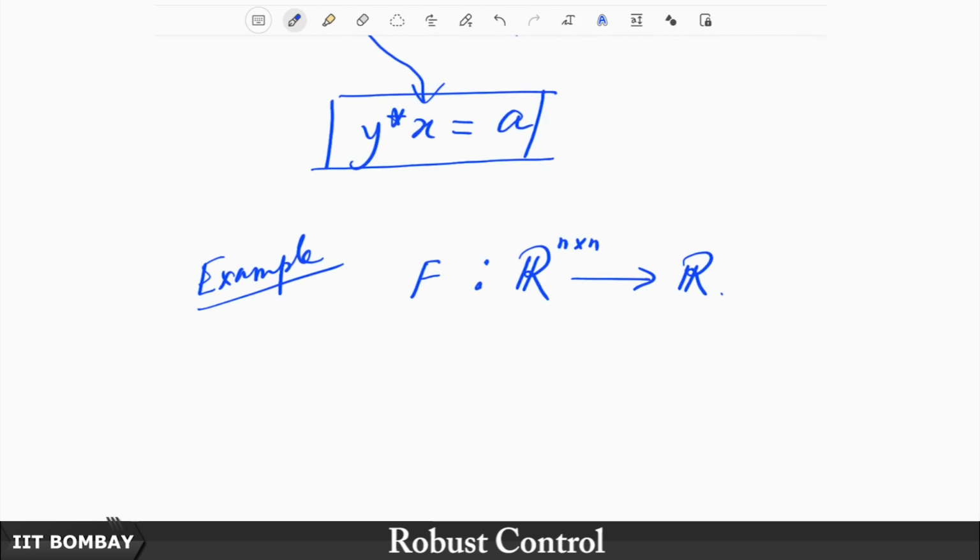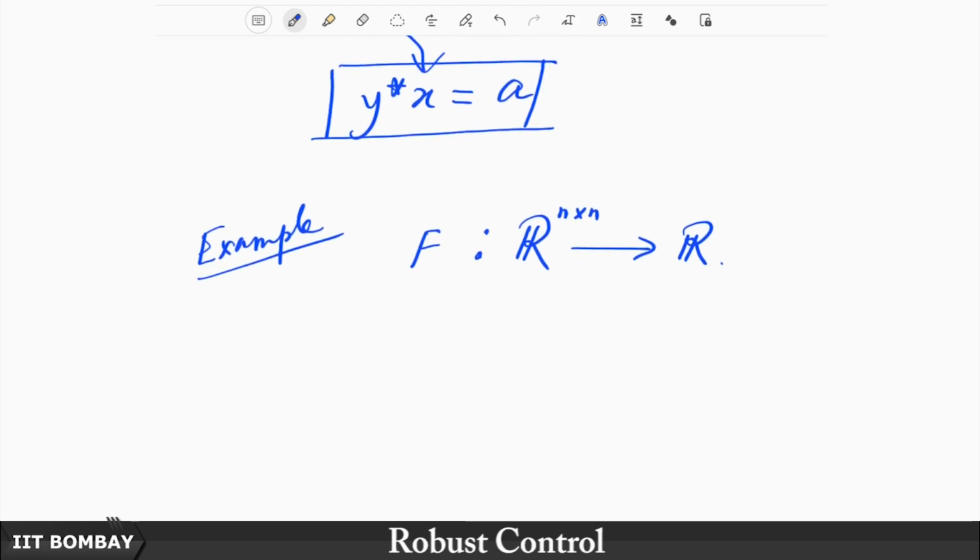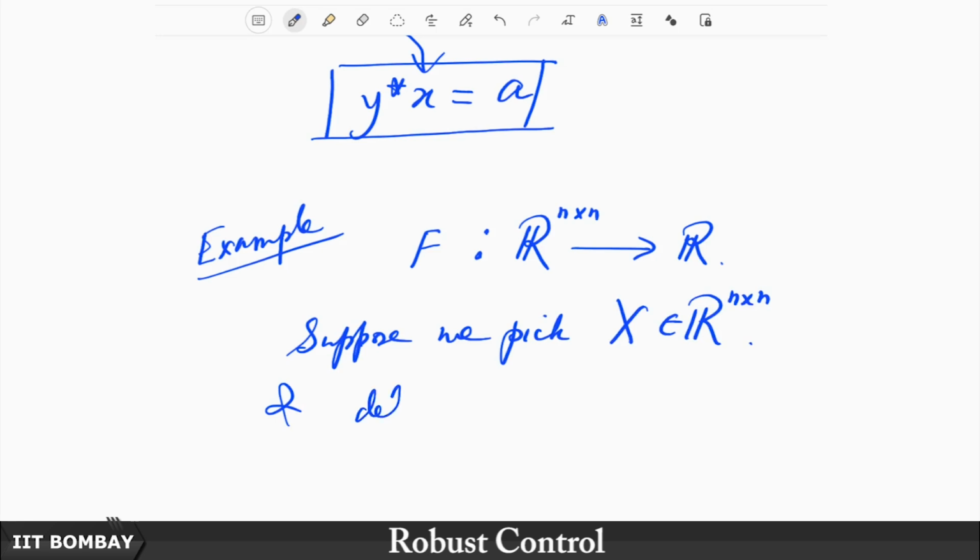Okay. So now let us define it in this fashion, and again we need to now define what the linear functional of this sort of a fellow would be. So how are we going to define this? Suppose we pick X belonging to R n cross n, all right, and define f of x is equal to the trace of x.